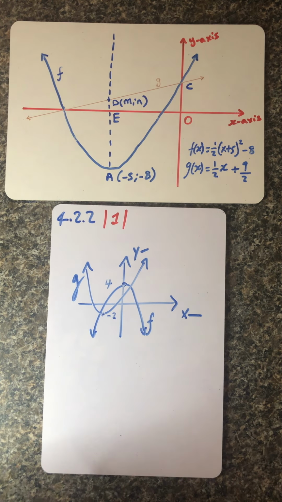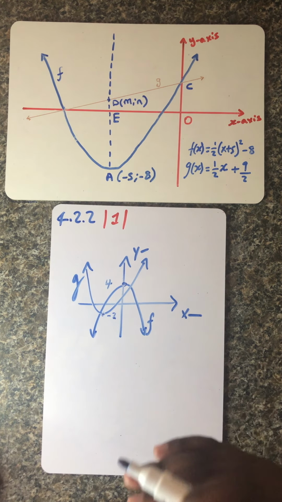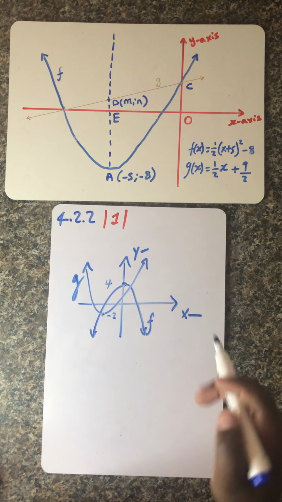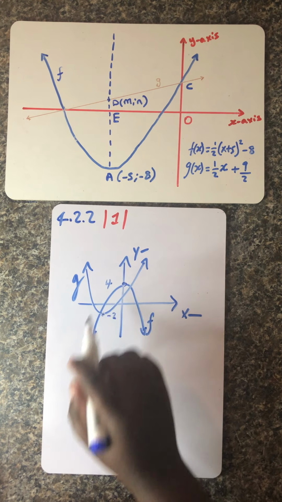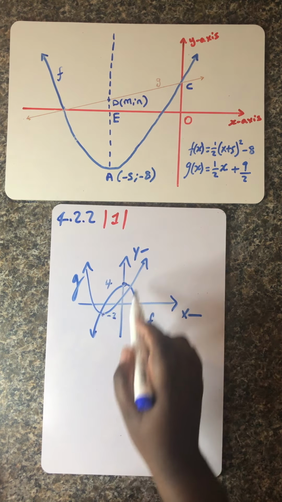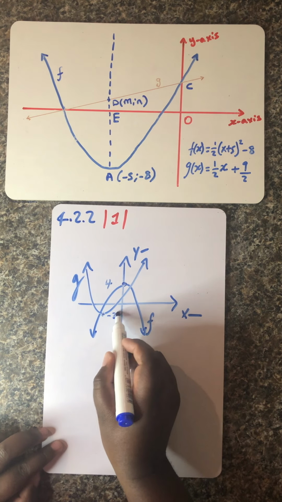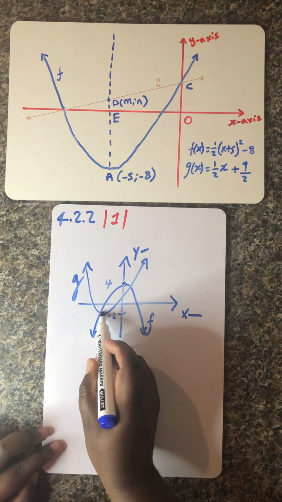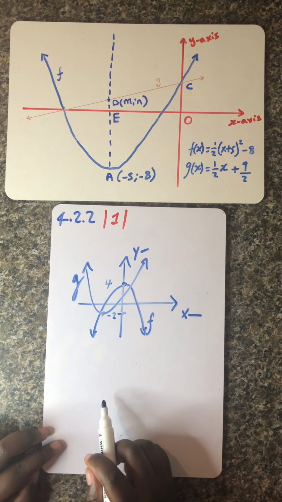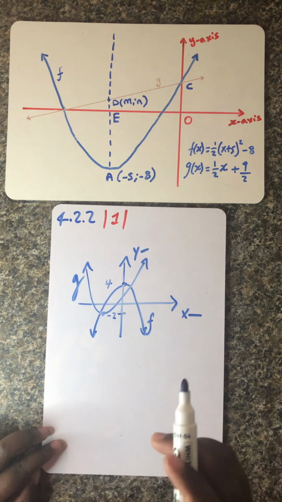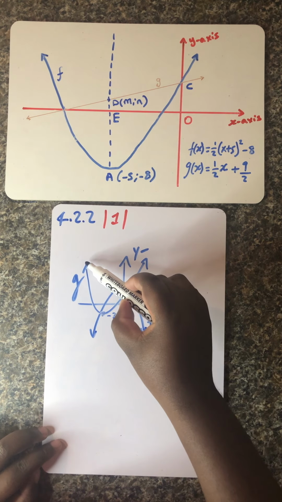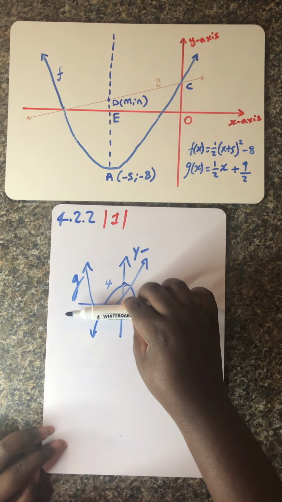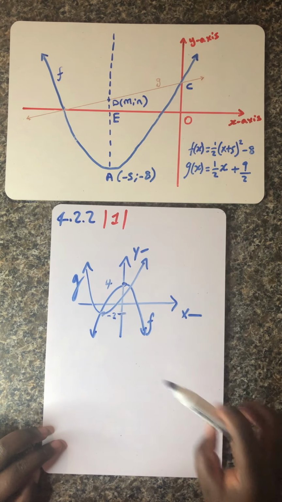Okay, so a question may be, what is the range of the graph of g? Between these two graphs, which one is the graph of g? This is the graph of g. This is the turning point of the graph of g, which is, what is it, -2. So in terms of the range, guys, the graph starts from there going up to infinity.